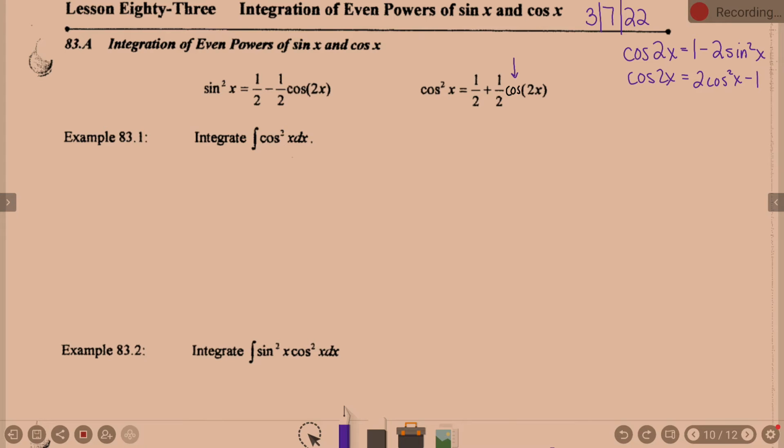So first thing I'm going to do is rewrite this. The integral of cosine squared x dx is going to be the integral of 1/2 plus 1/2 cosine of 2x in my parentheses times dx. So you're always going to be looking for an even power to sub in here.